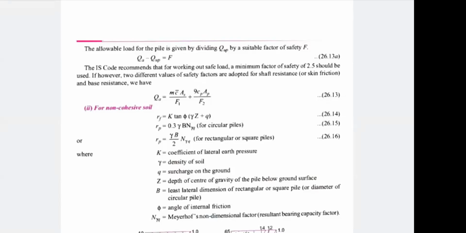What are F1 and F2? F1 and F2 are nothing but two different values of factor of safety if we are considering the shaft resistance, or you can say the skin friction resistance. So you will need to take two factors of safety.